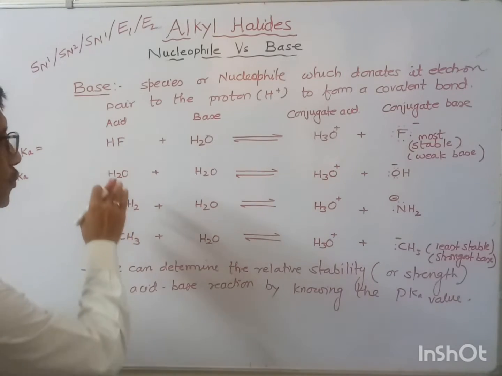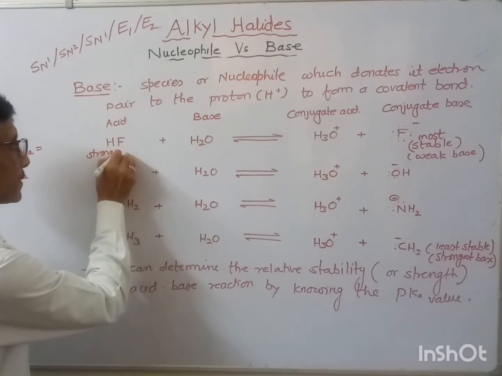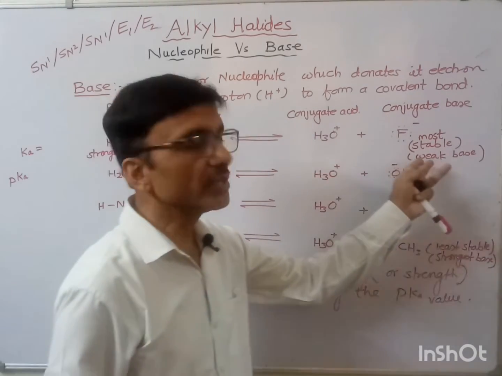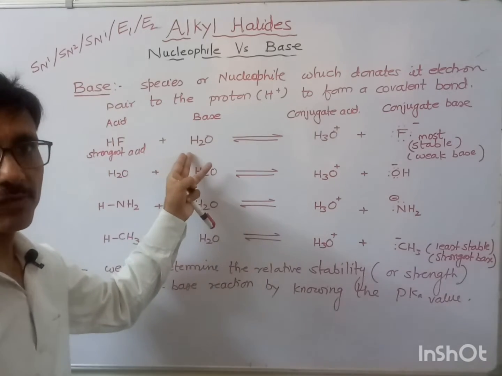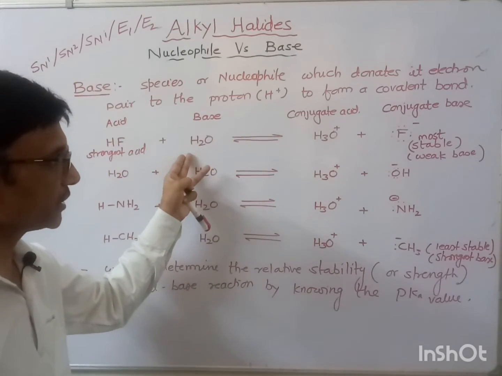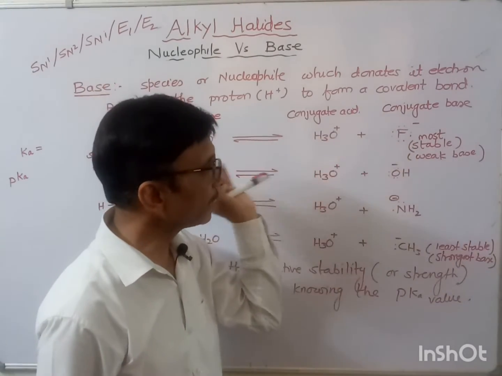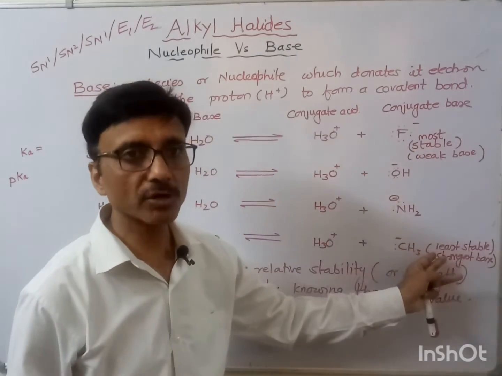In the same way, this is the strongest acid, giving you this weak base. So the strongest acid, after reacting with water, gives the most stable base. So the most stable product is formed here, and here the least stable product is formed.